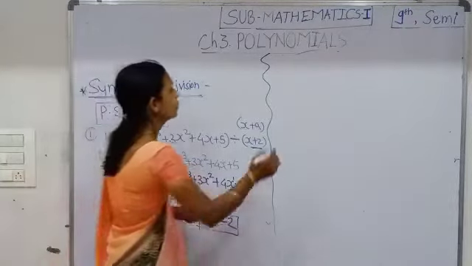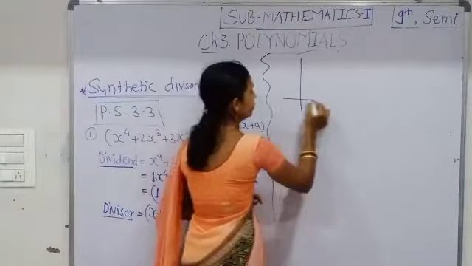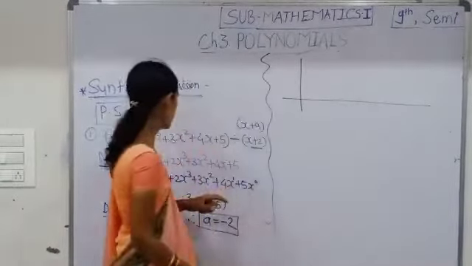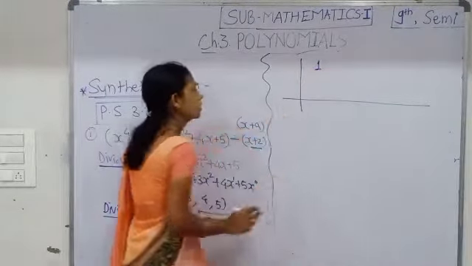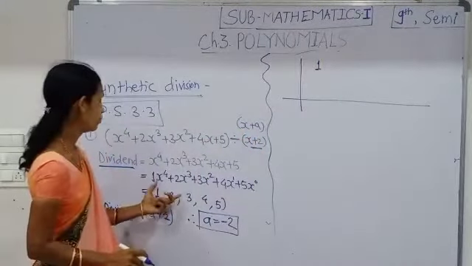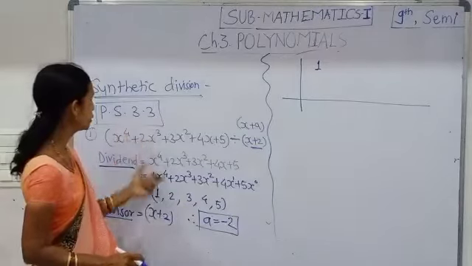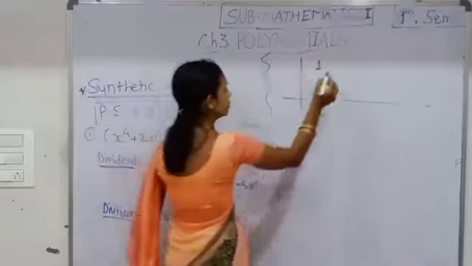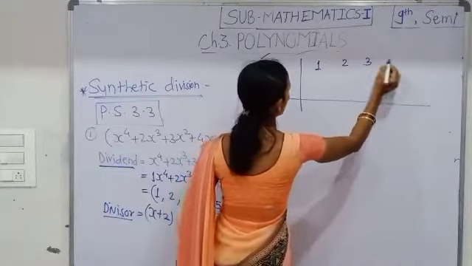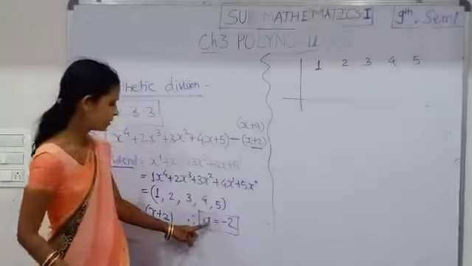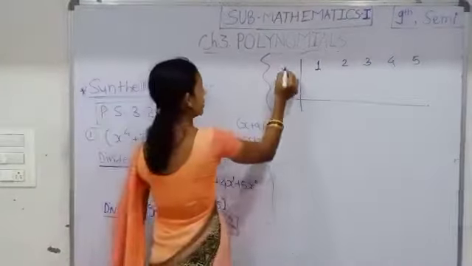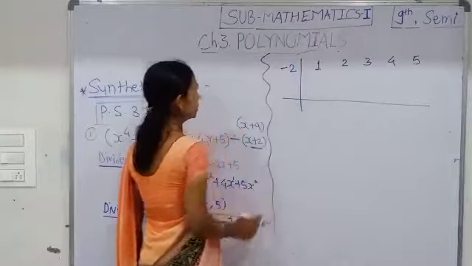Then, first of all, you have to write the coefficient form of the dividend polynomial given in the dividend. That is 1, 2, 3, 4 and 5. And here the value of a, that is minus 2, is written here.